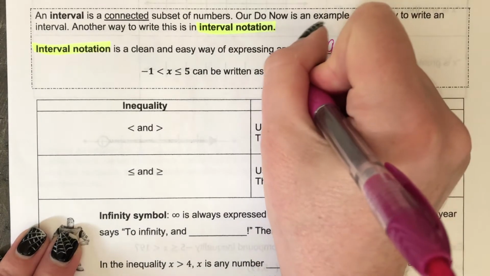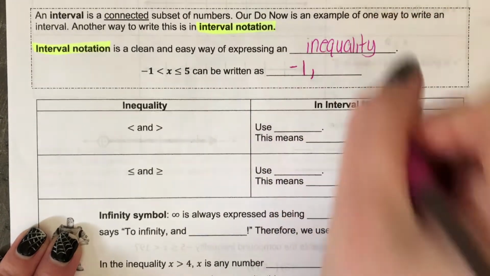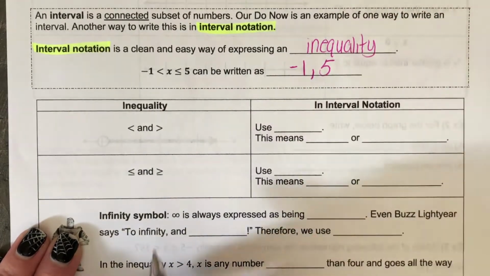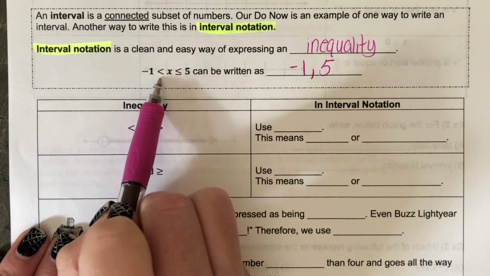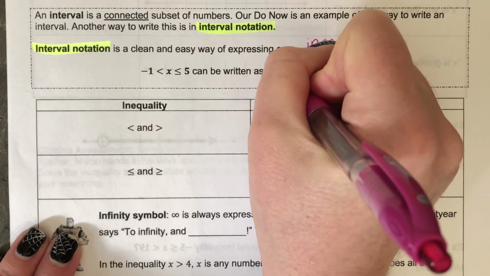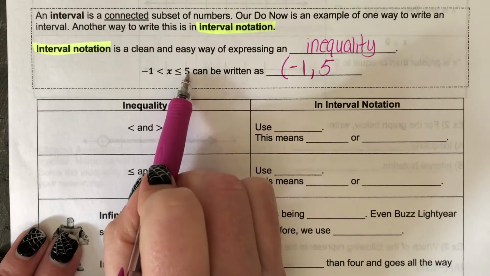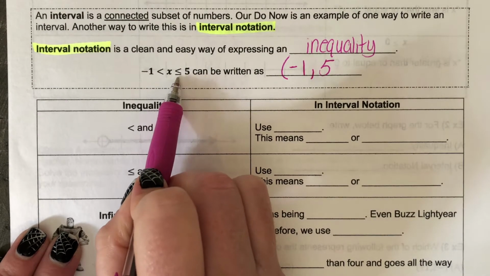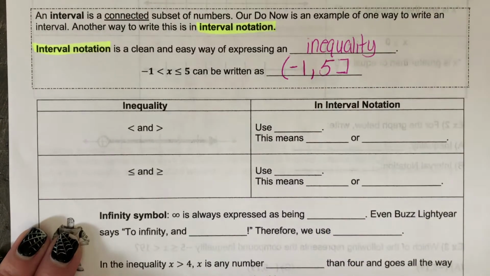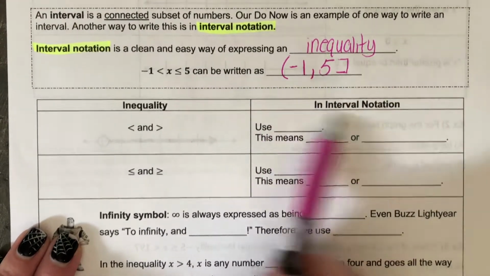So -1 is my smaller number, comma, 5 is my bigger number. And since -1 is not included, it's just that less than symbol, this gets a parenthesis. And since 5 is included, it's less than or equal to, it could be 5, this will actually get a bracket. And we're going to go over these symbols down right here in the notes.